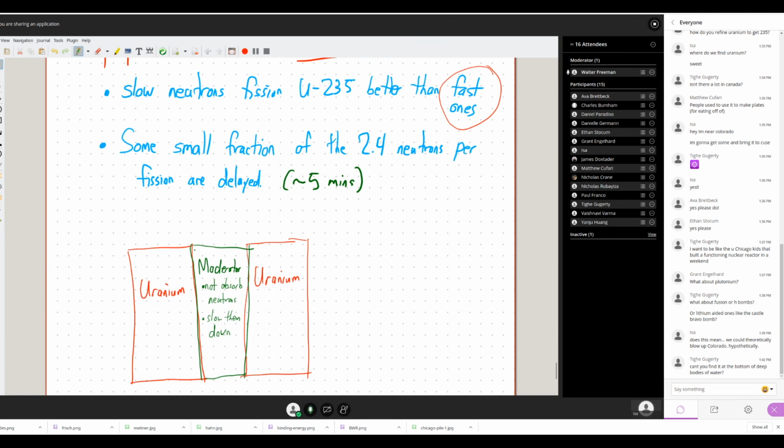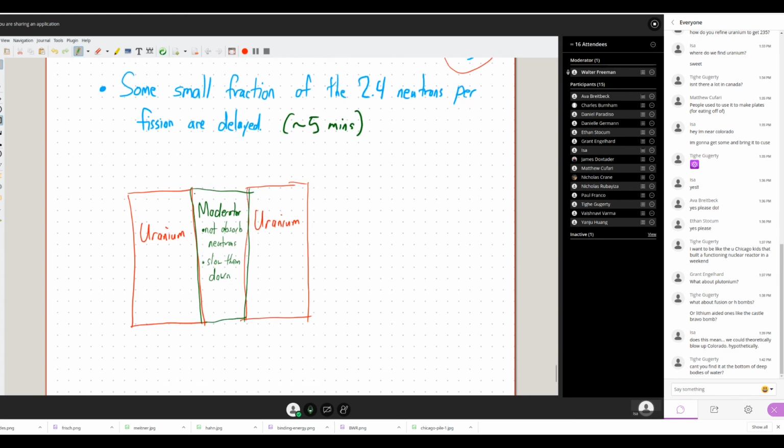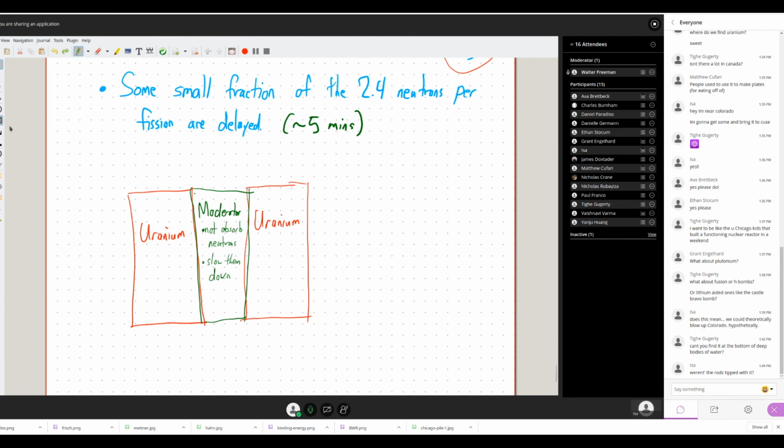And this is essentially a nuclear reactor. So a fission happens here. Some neutrons come out. Maybe one of them escapes. One of them goes this way.